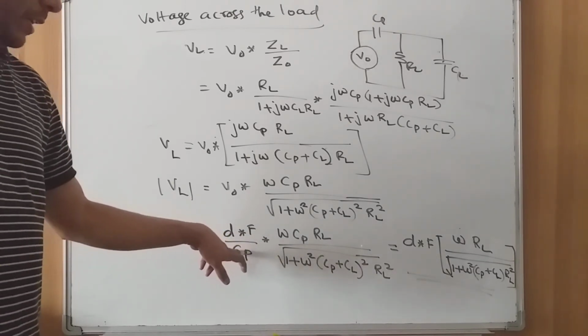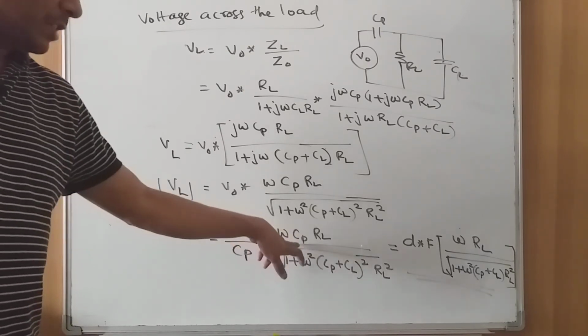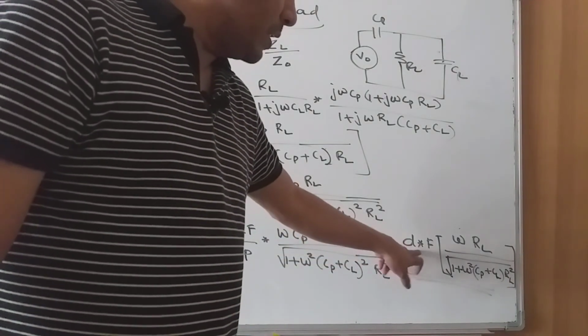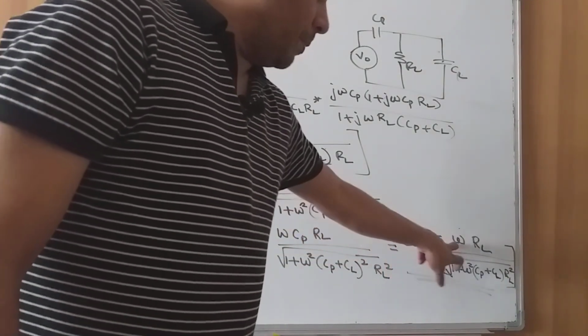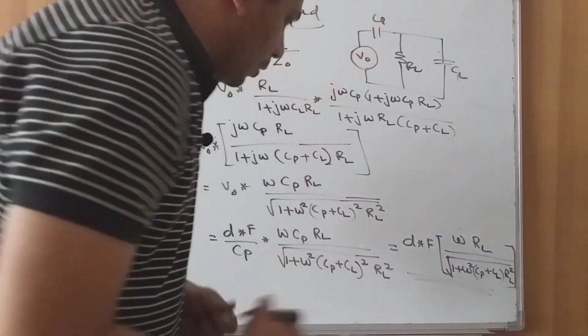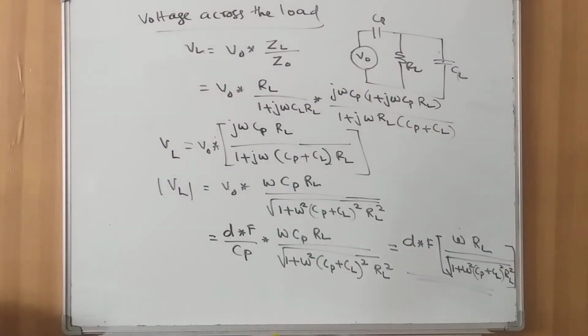The Cp will cancel with the Cp, and hence we will end up with the relation d into F omega RL divided by the square root of 1 plus omega square into (Cp plus Cl) whole square into RL square. So this is the final equation.